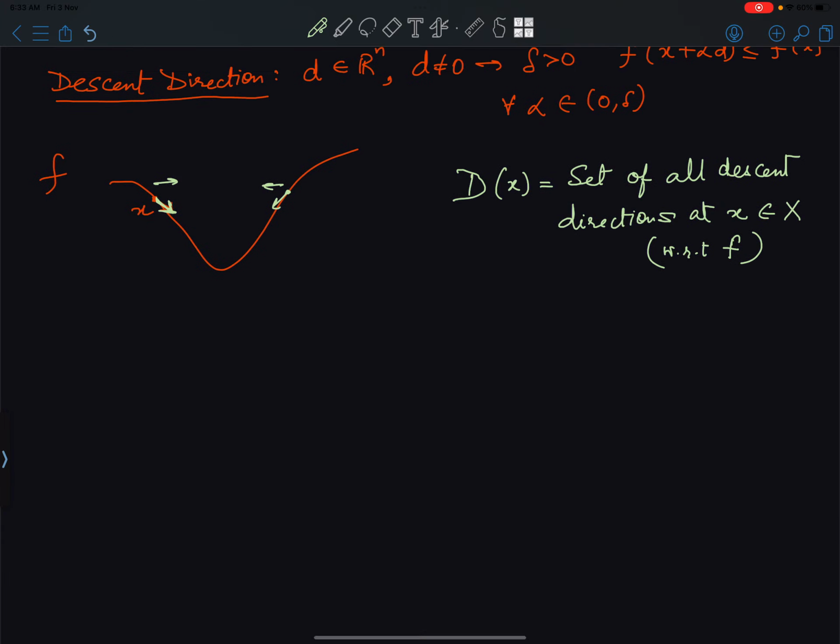So let us see a theorem. I'll just state the theorem without any proof, and I'll give you some intuition behind it.